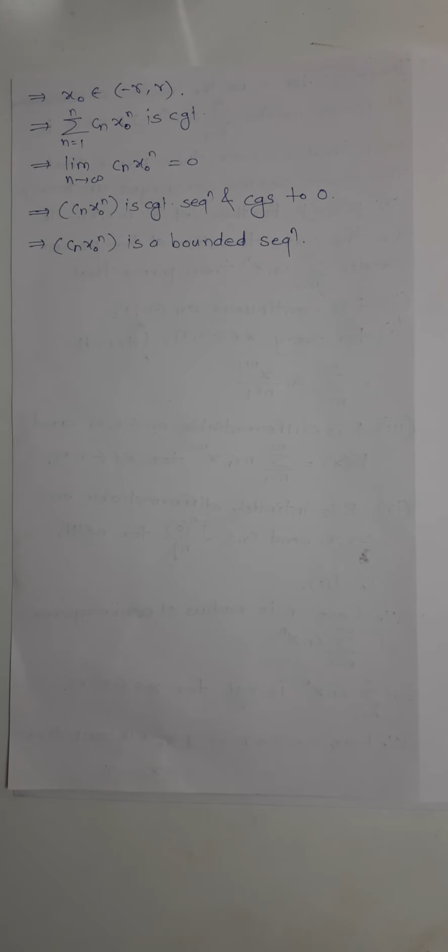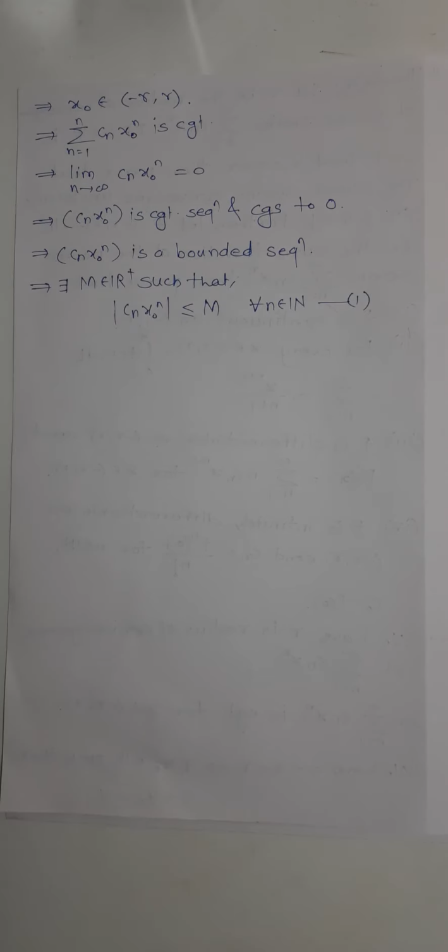So it's a bounded sequence. You remember the definition of a bounded sequence? Bounded means there exists M, a positive real number, such that mod Cn x naught raised to n is less than or equal to M for every natural number n, right? So this part we have done.